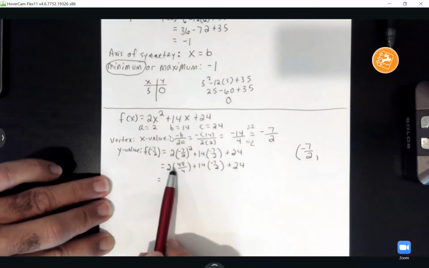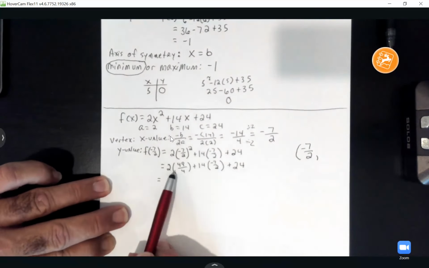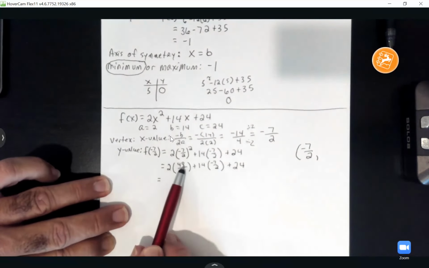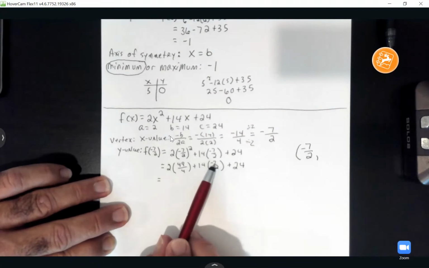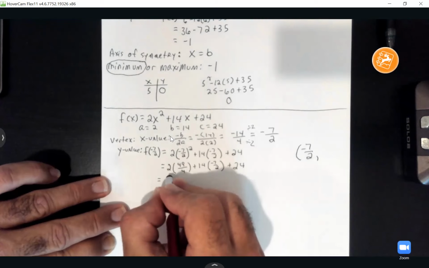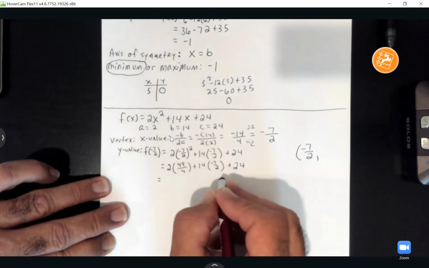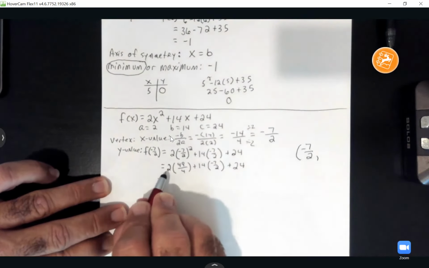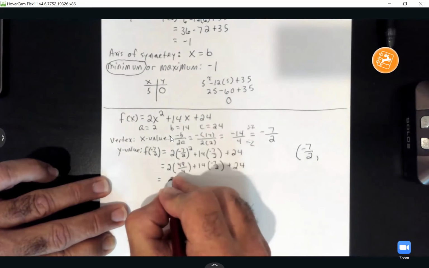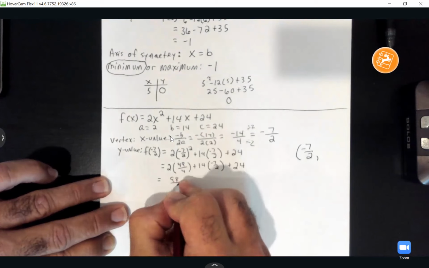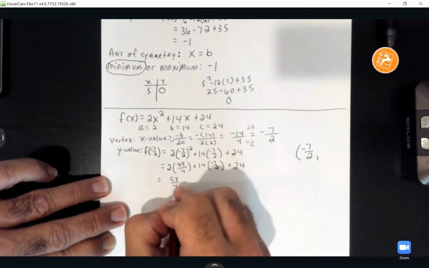My next step, I'm going to multiply. So the 2 only multiplies times the top number. The 14 only multiplies by the top number. You treat these like they got 1 on the bottom to multiply by them bottom numbers. So 2 times 49 is going to give you 98 over 1 times 4 is 4.